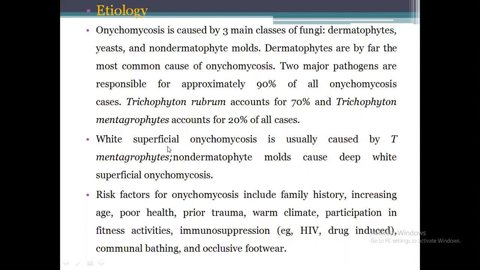White superficial onychomycosis is usually caused by Trichophyton mentagrophytes, and non-dermatophyte molds cause deep white superficial onychomycosis.